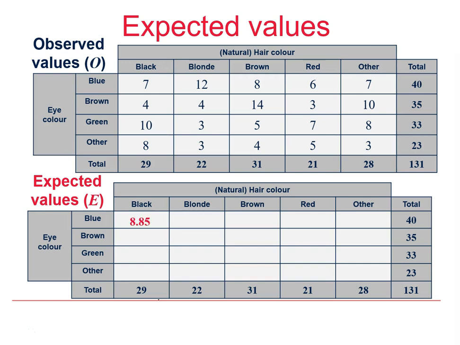It's worth you having a go at doing a few more. So for example, blue eyes and blonde hair would be 40 multiplied by 22 divided by 131.